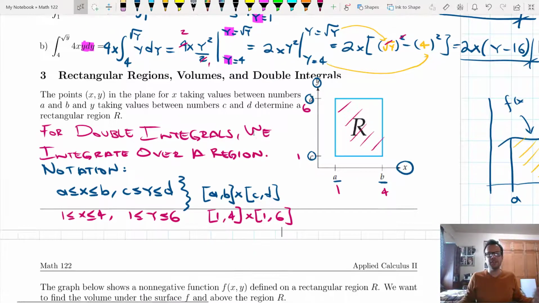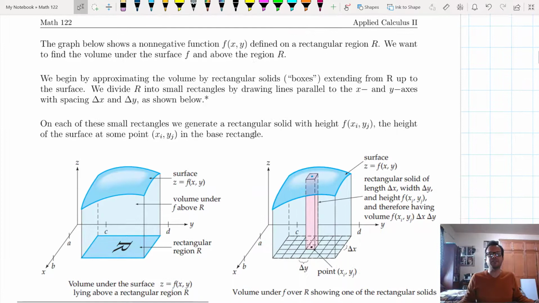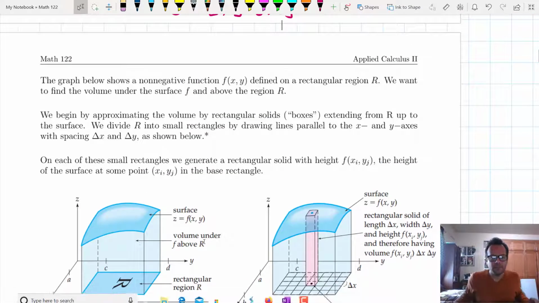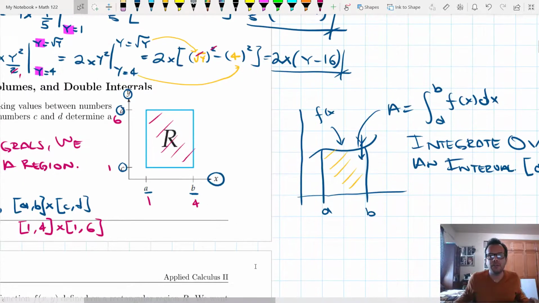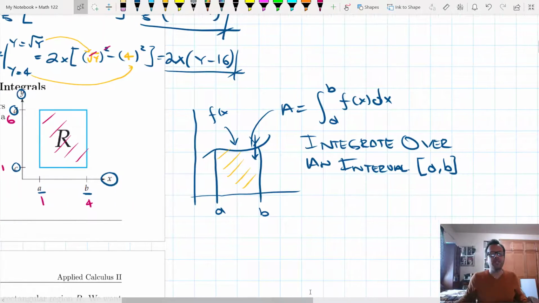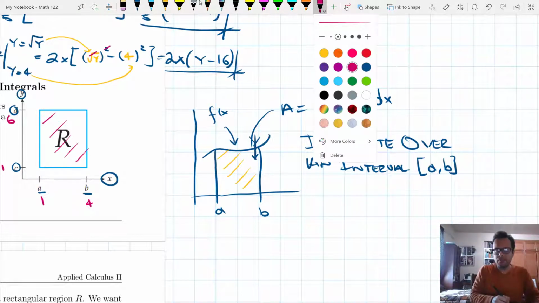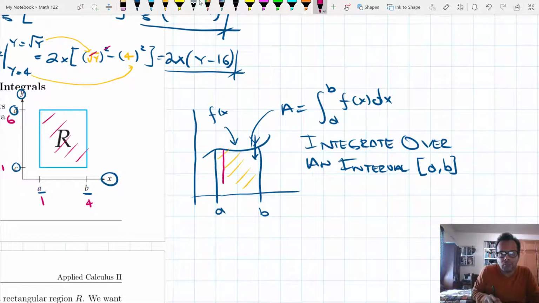Now let's look at the geometric aspects of this. Let's go back to the picture I drew before on the side of the other page. What happened when we found areas? You might remember the intuitive idea of evaluating the integral. If we divide it by rectangles, and then add the area of those rectangles.